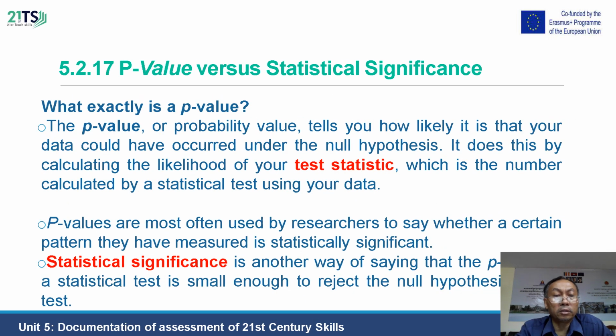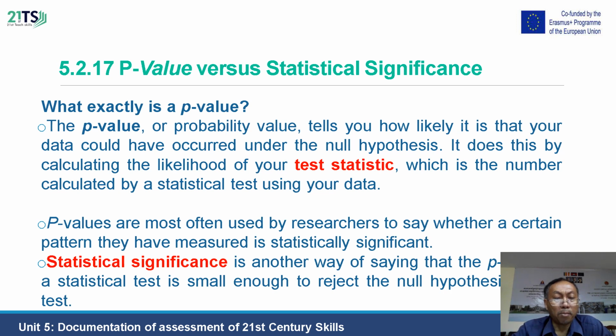The differences between p-value and statistical significance. What exactly is a p-value? The p-value, or probability value, tells you how likely it is that your data could have occurred under a null hypothesis. It does this by calculating the likelihood of your test statistic, which is the number calculated by a statistical test using your data.